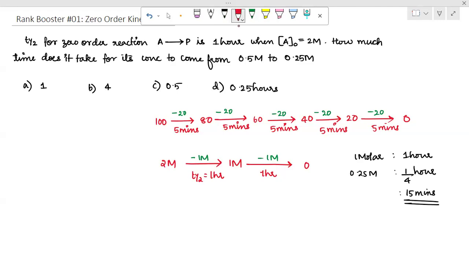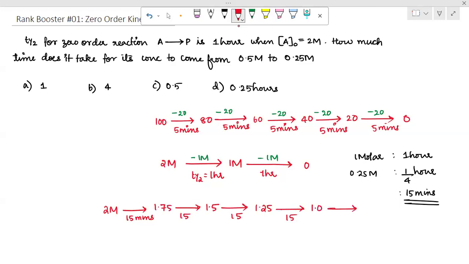So if I start from 2 molar, which is not required, but just for your understanding, in the first 15 minutes, 0.25 is lost and it becomes 1.75. In the next 15, it becomes 1.5. In the next 15, 1.25. And in the next 15, it becomes 1.